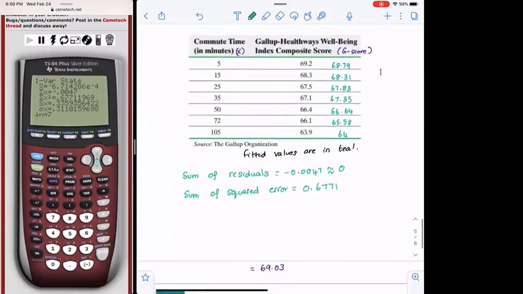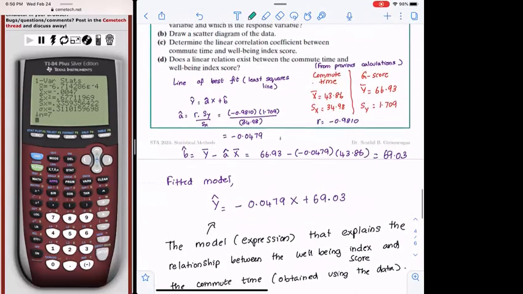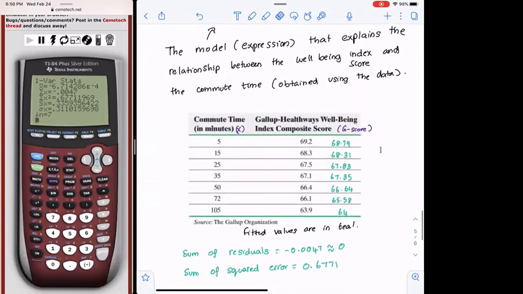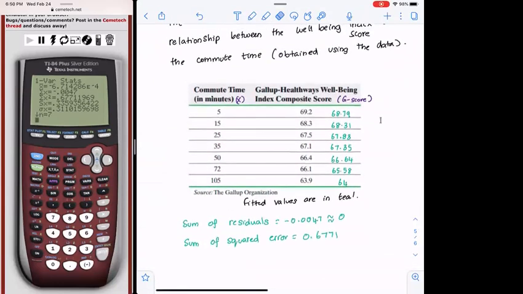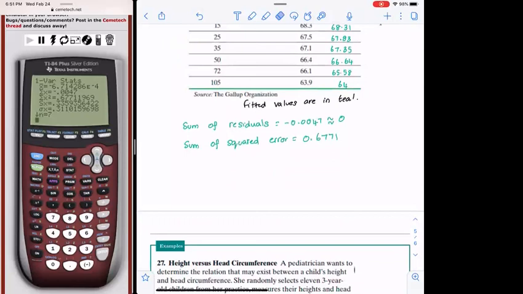Now, one may ask, well, why do we need to come up with this model? If you look at the data, you have commute times from 5 all the way up to 105. What if my commute time to work is 75 minutes?